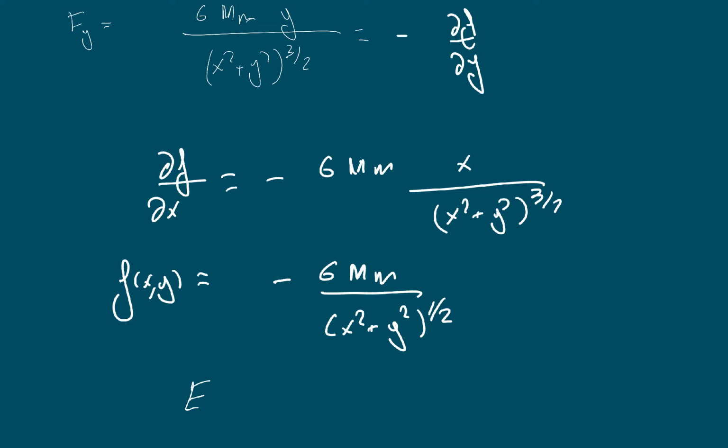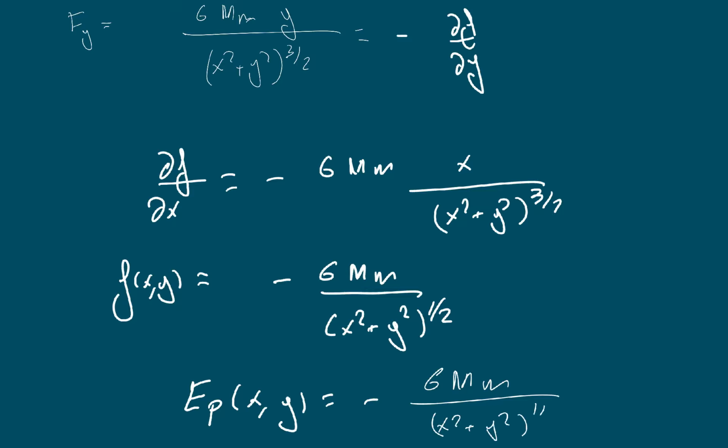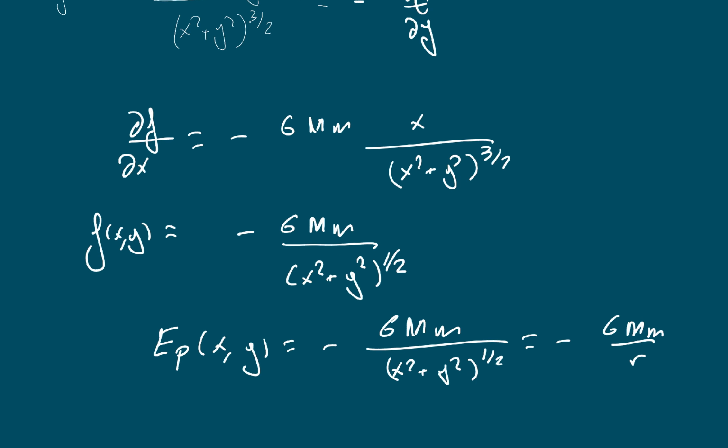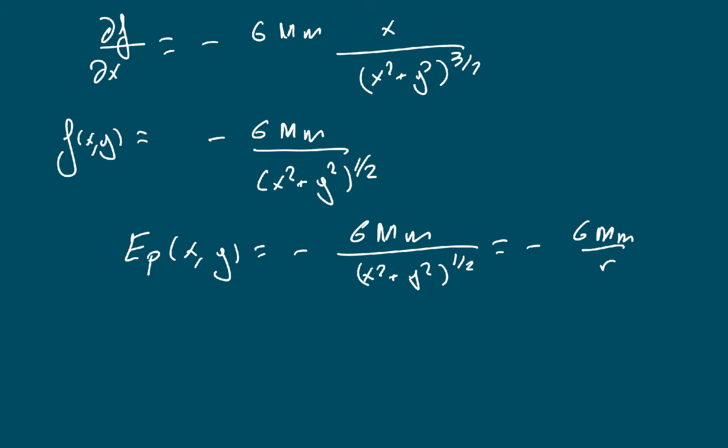So E sub p of x, y is minus GMm divided by x squared plus y squared to the 1/2, or minus GMm divided by r, the distance that separates the two bodies, because x squared plus y squared to the 1/2 is the distance. So E sub p of r for the gravitational field is minus GMm divided by r.